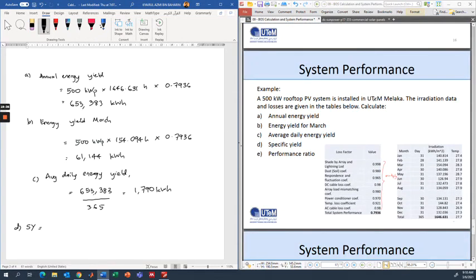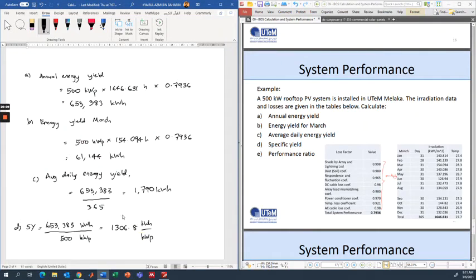So the annual average is 653,383 kilowatt hour divided by the capacity of 500 kilowatt peak. So I get the answer 1306.8. The unit is kilowatt hour per kilowatt peak.